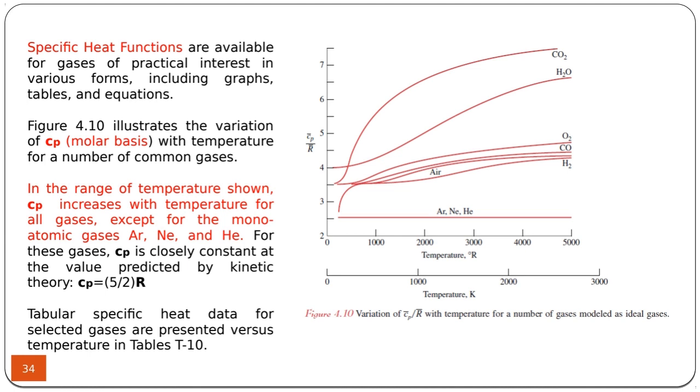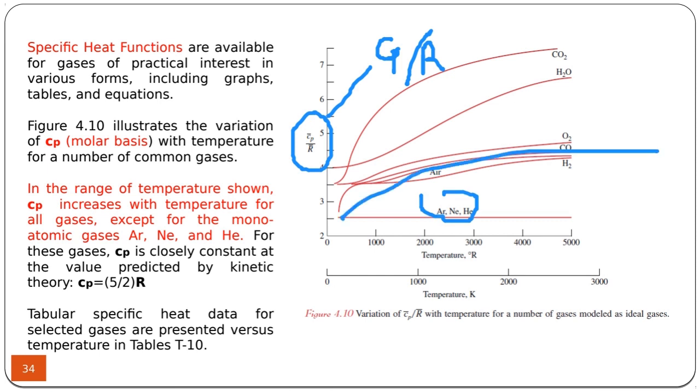Actually, if you look at the y-axis, you will see that it's Cp over R. And this Cp over R is constant for noble gases at a value of 2.5. So for a monoatomic gas, the Cp divided by R is always constant, but for other gases, they change with the temperature.